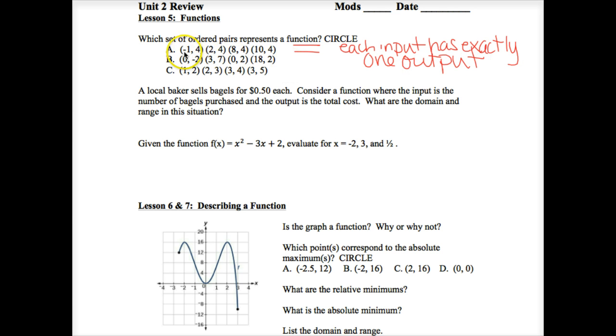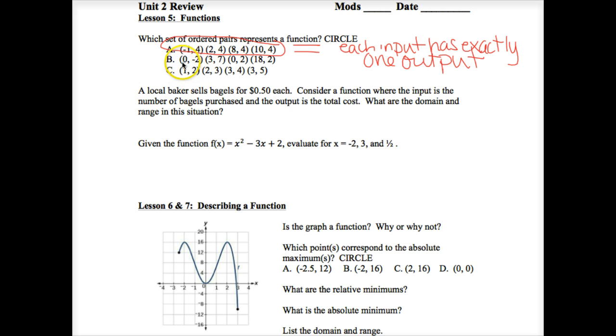So when I look at this, input -1 has 4, input 2 has 4, input 8 has 4, input 10 has 4. Okay, this is a function because each x, each input, is assigned to exactly one y. Now I can check why the other ones were not good.